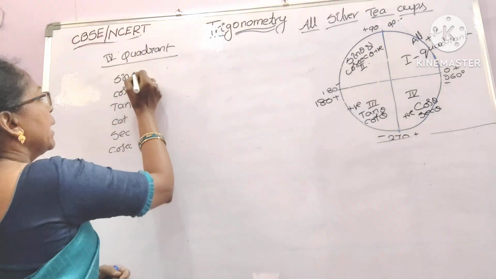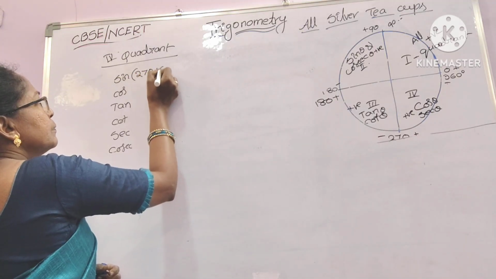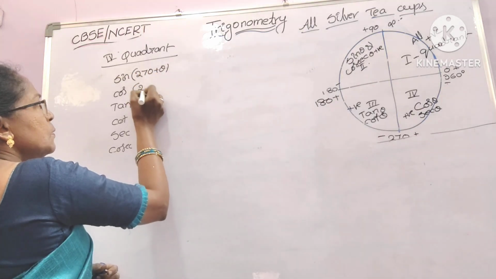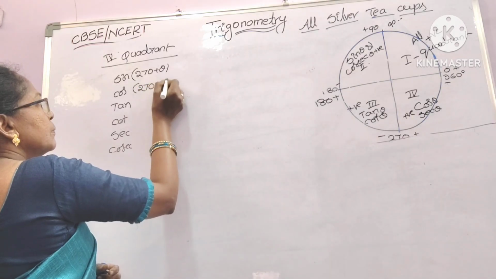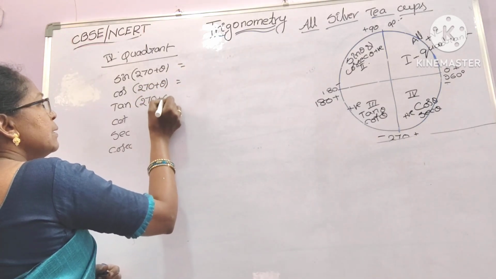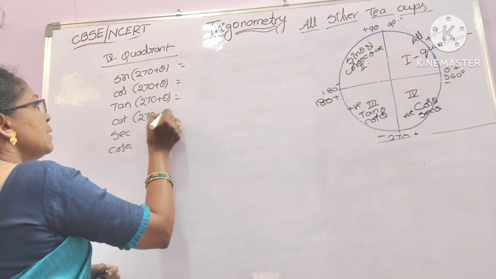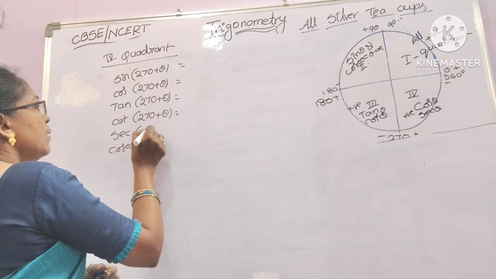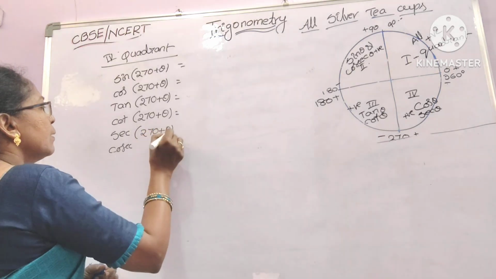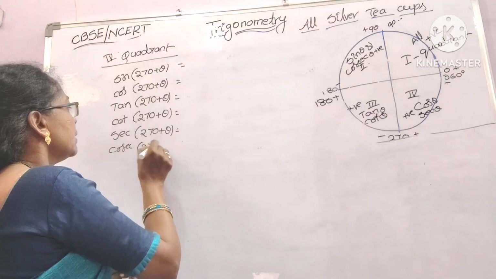What is that? Sin 270 plus theta, as well as cos 270 plus theta, tan 270 plus theta, cot 270 plus theta, secant 270 plus theta, and cosecant 270 plus theta.